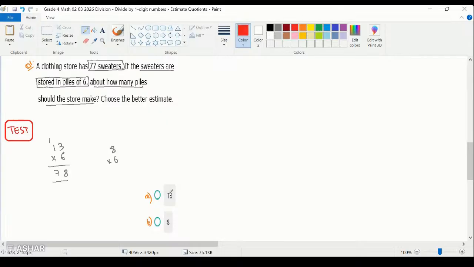I'm using these two options because they were piles of 6. 48 is not nearer to 77. Which piles give a number that is nearer to 77?